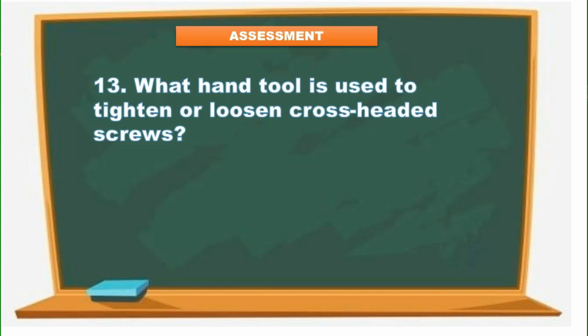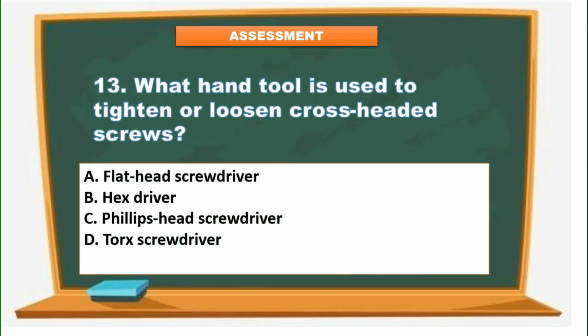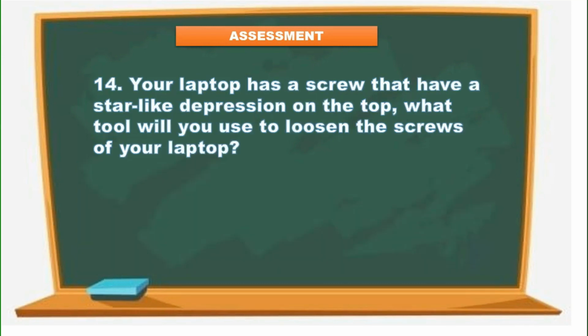Number 13. What hand tool is used to tighten or loosen cross-headed screws? A. Flathead screwdriver. B. Hex driver. C. Phillips head screwdriver. D. Torx screwdriver. Number 14. Your laptop has a screw that has a star-like depression on the top.